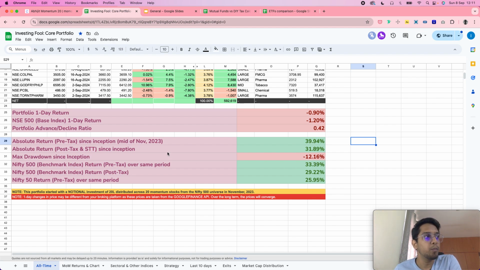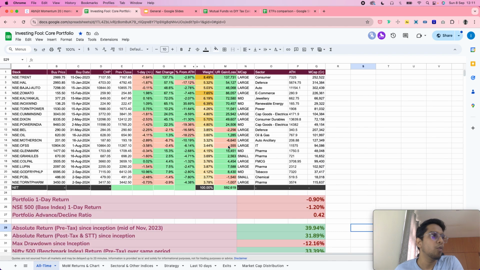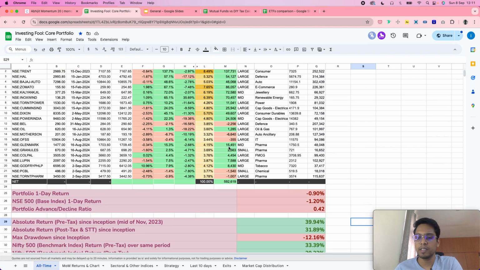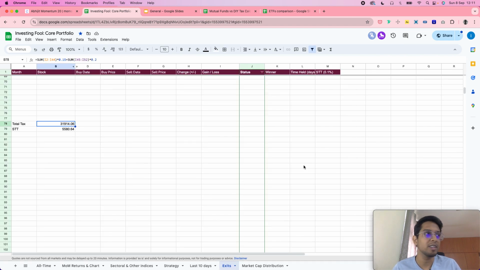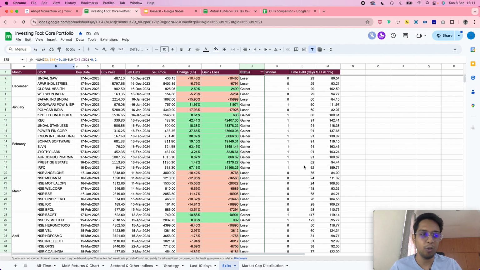But when we look at the post-tax returns, let me quickly discuss how we came to the post-tax returns. So whatever transactions we are making, either the stocks are still in this portfolio, or they have exited, and that's why they are in the exit sheet.